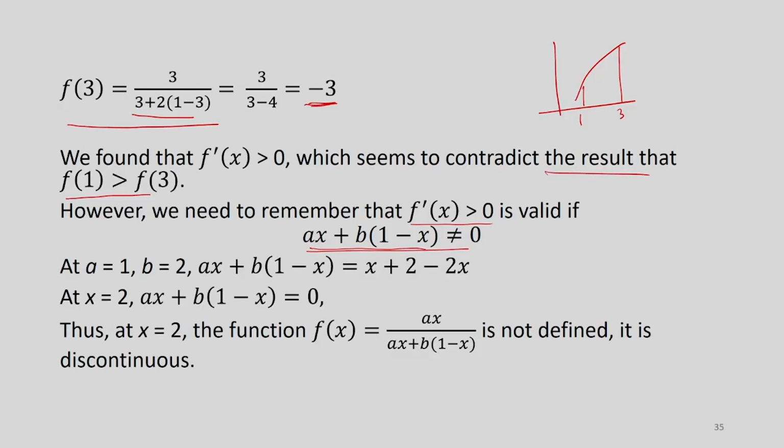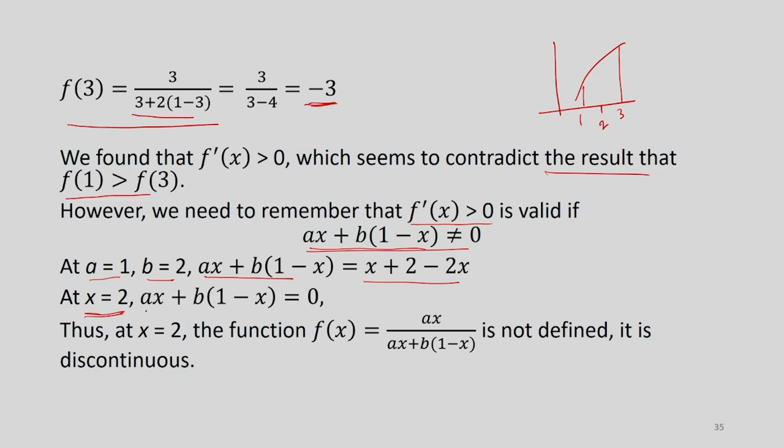Now let us suppose there is a problem somewhere. If a is equal to 1 and b is equal to 2, then this expression turns out to be x plus 2 minus 2x, and if you put x equal to 2 here, right, where is 2? 2 is between 1 and 3, so here is 2.